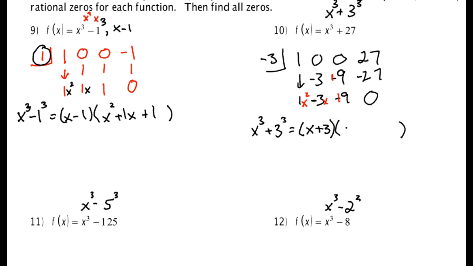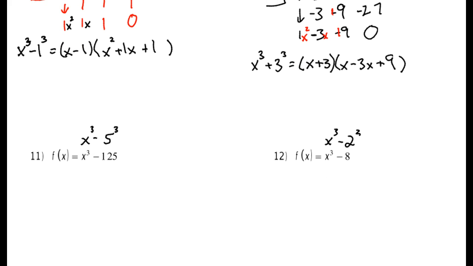And here you can see I get x squared minus 3x plus 9. There's something to it. If you start looking at some patterns here, you can see, well, we've got a minus 1 here, a minus 1 here, plus 1 here, and a plus 1 here. We got a plus 3 here, plus 3 here, minus 3 here, there's a plus 9 here.